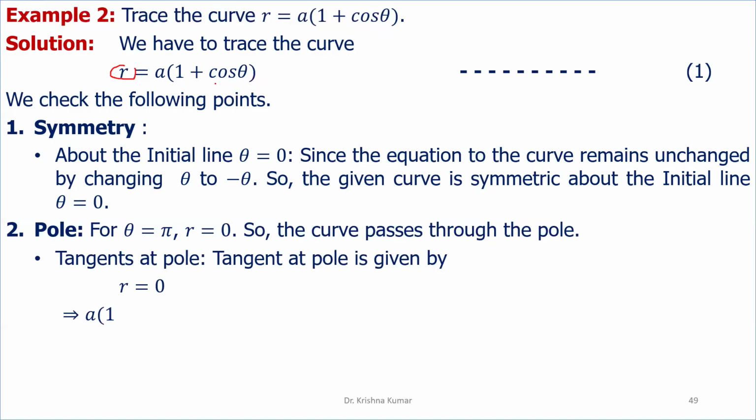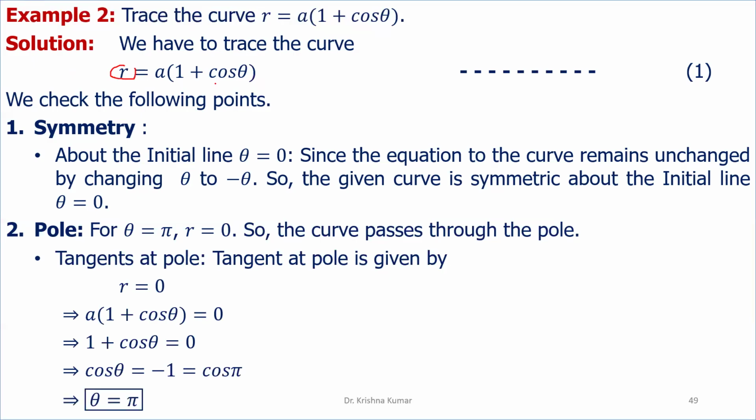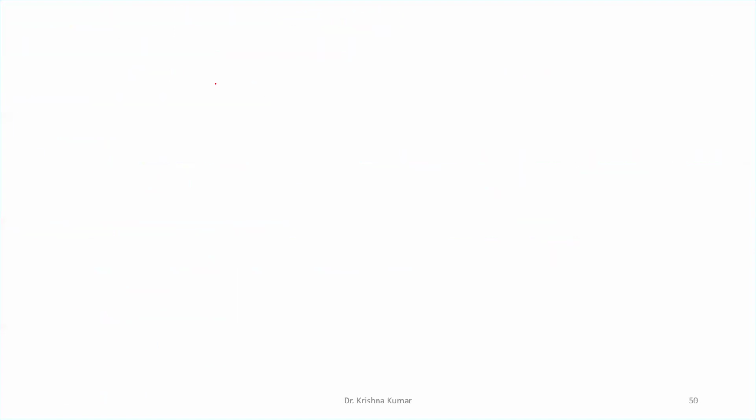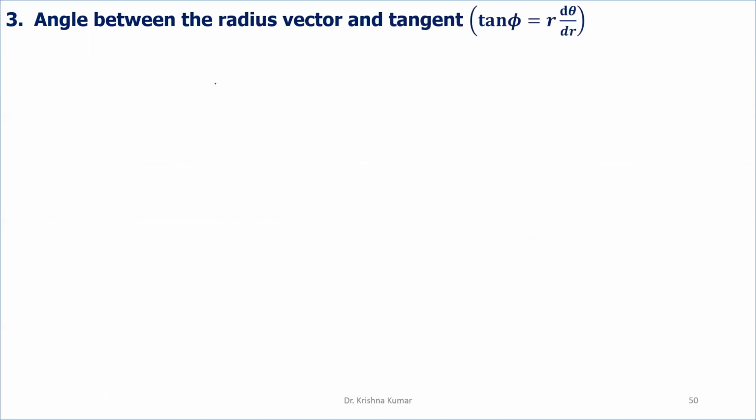We have already done this: a times (1 plus cos theta) equal to 0, which gives 1 plus cos theta equal to 0, and cos theta equal to minus 1, which is cos pi, and hence theta equal to pi is the tangent at the pole. Okay. Let us go to the next point, which is the angle between the radius vector and the tangent.